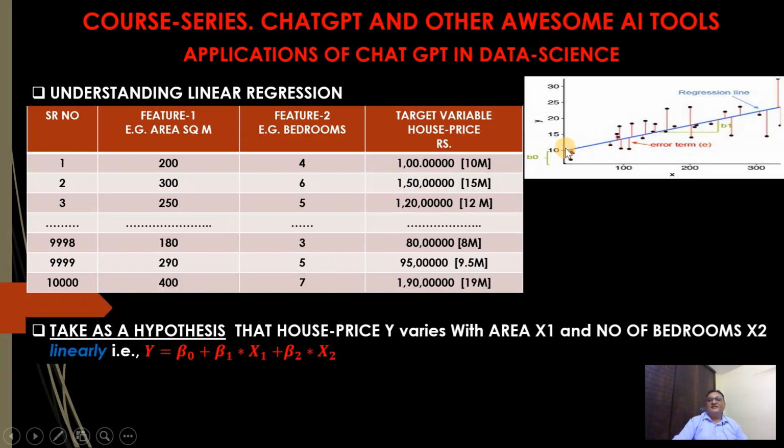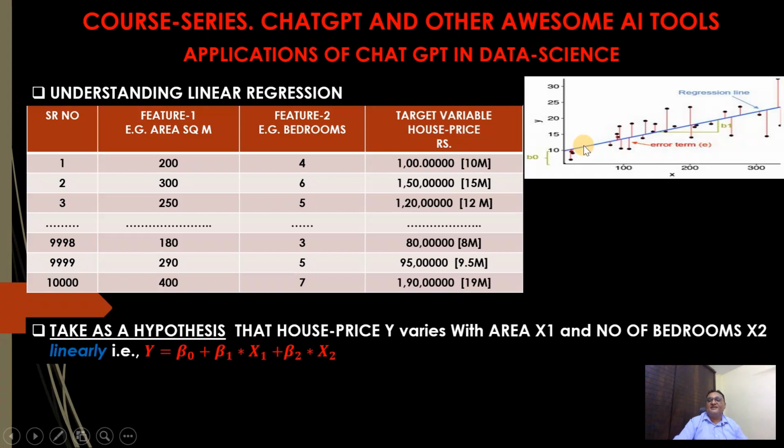So what is linear regression? I put these various price on y-axis as data points. So these are those points by red colors. And I try to find a line whose various points are as close as possible to the red.